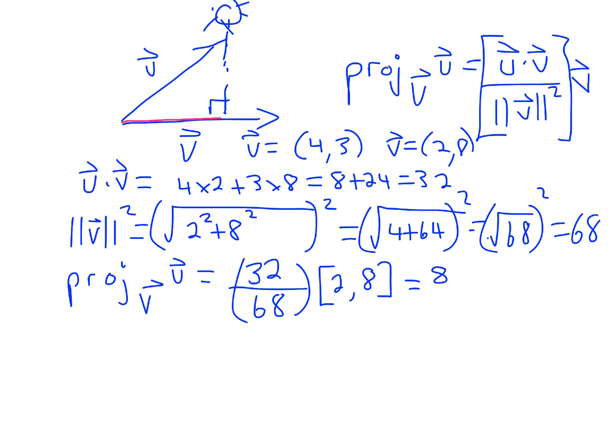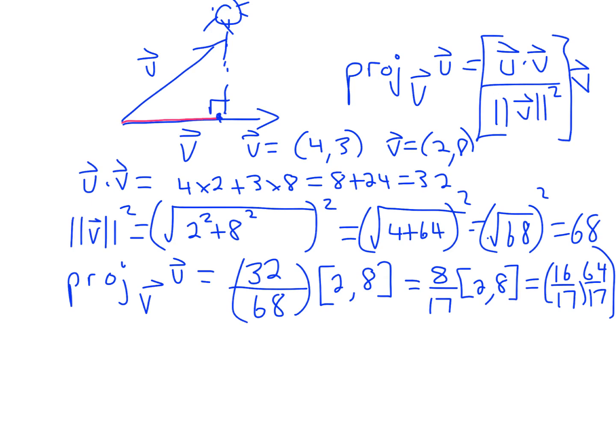Yeah, I think so. 8 times 4, 17 times 4. And we're going to just multiply that into vector V. And what we'll end up with is 16 over 17 and 64 over 17 as the coordinates of that projection.